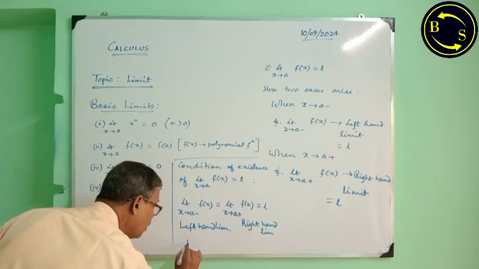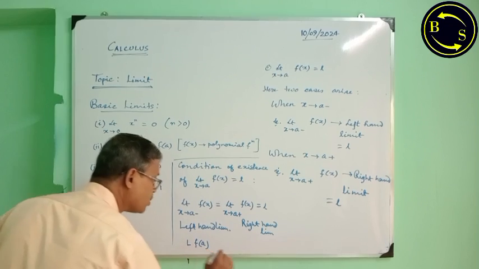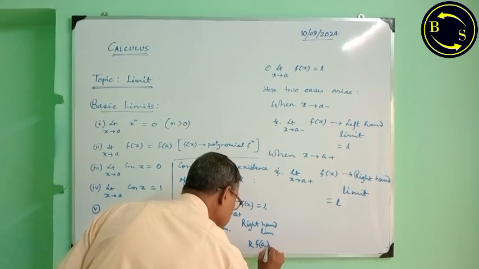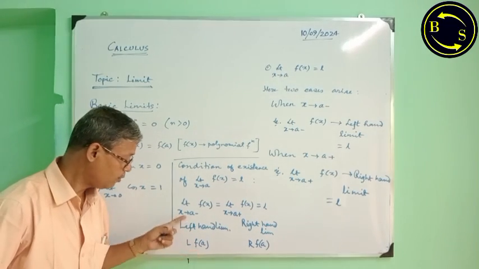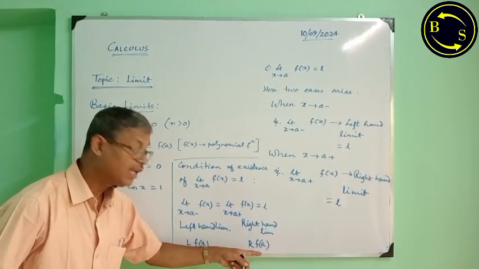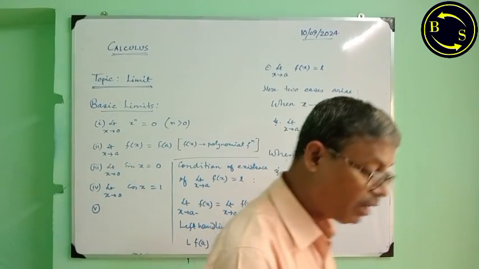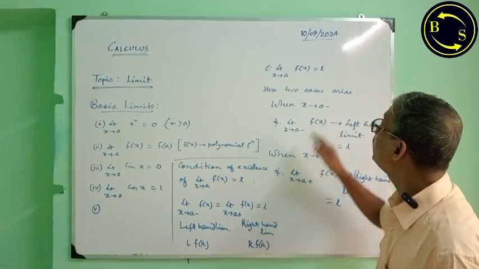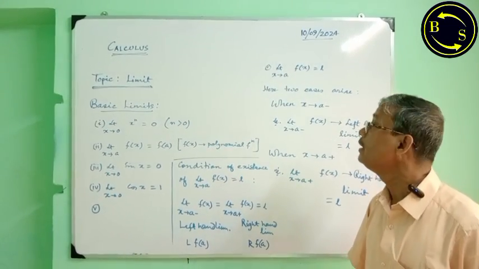Also we have the symbols LHL, short form of left hand limit, RHL, short form of right hand limit. Both must be equal to a finite number L. Then we say limiting value of fx as x tends to a is L.